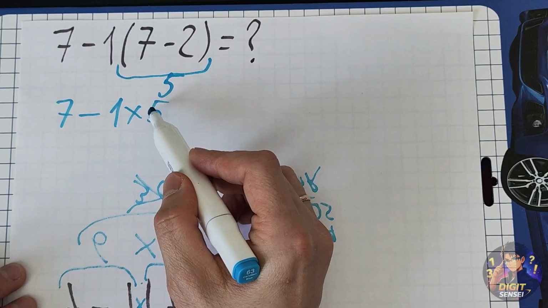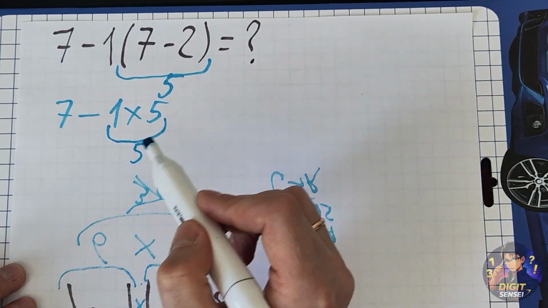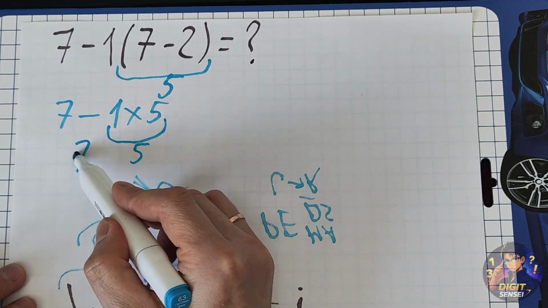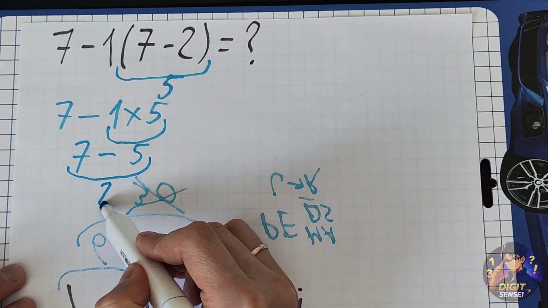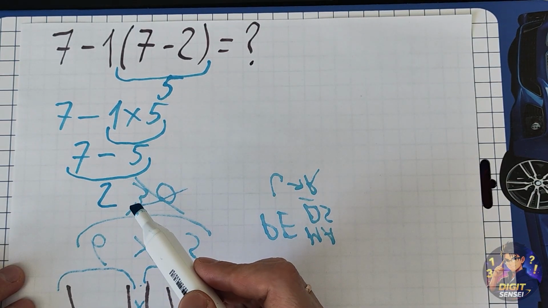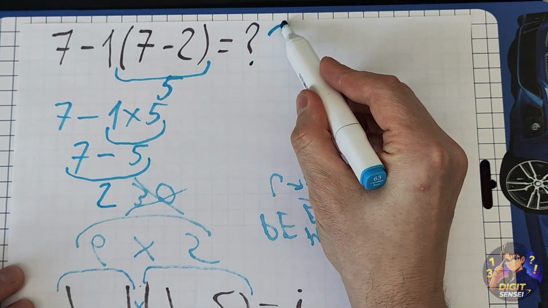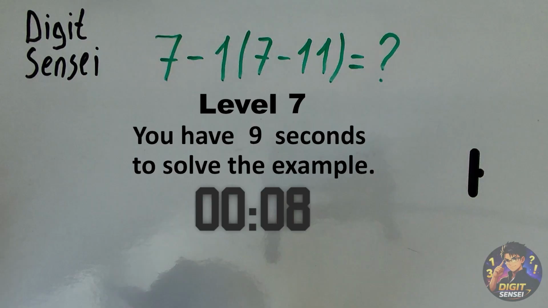So here first we have to do this multiplication. 1 times 5 equals 5. So 7 minus 5, which equals 2. And this is our final answer to this problem. The correct answer is 2.